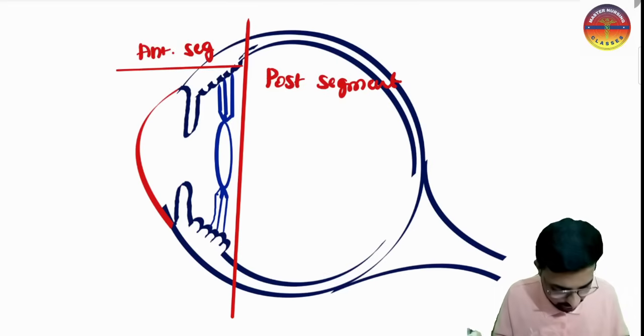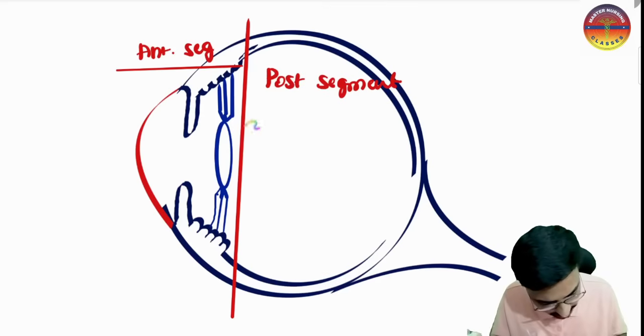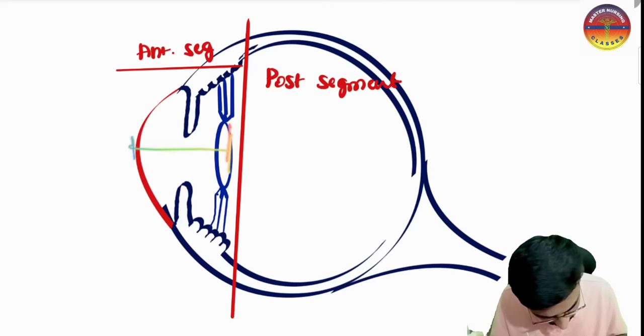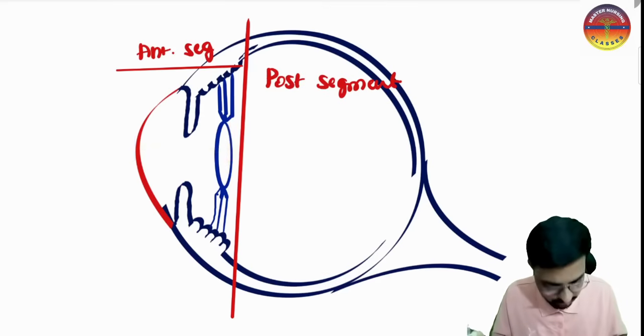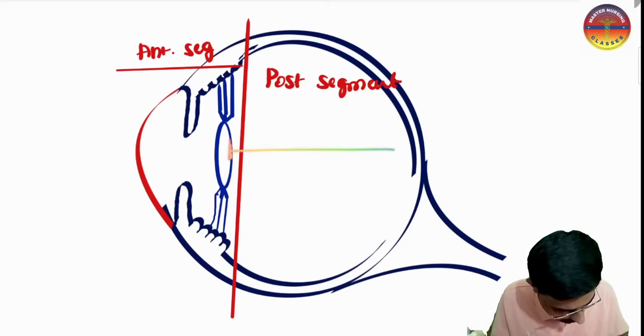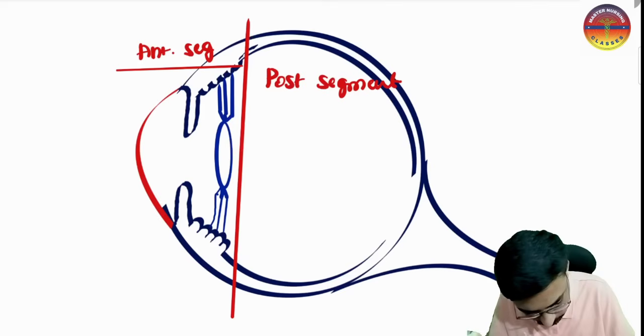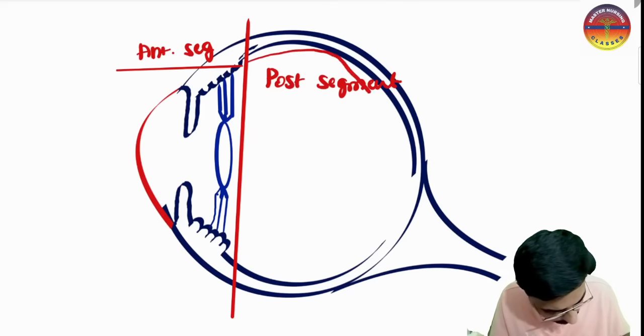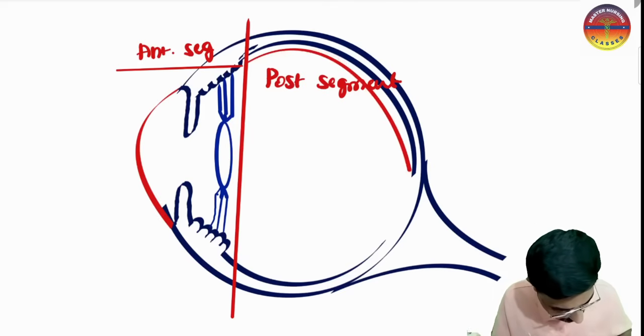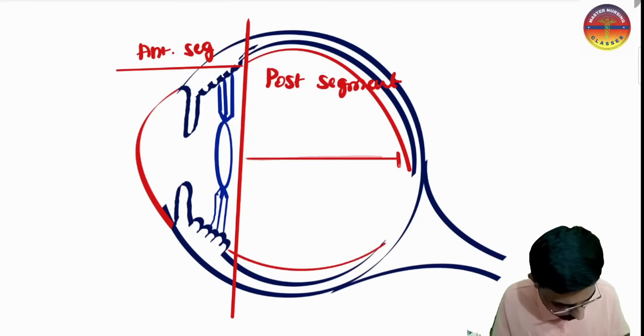The anterior segment extends from the lens to the cornea. From the lens to the vitreous body, to the innermost layer, the retina, is the posterior segment.